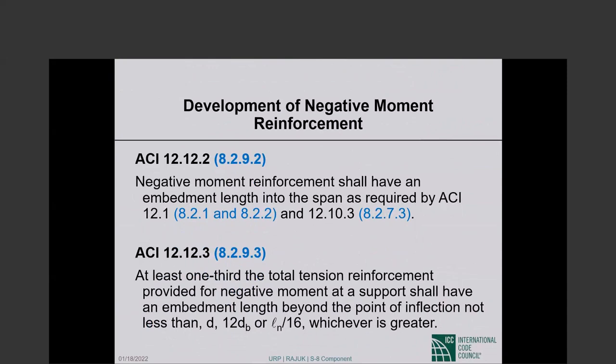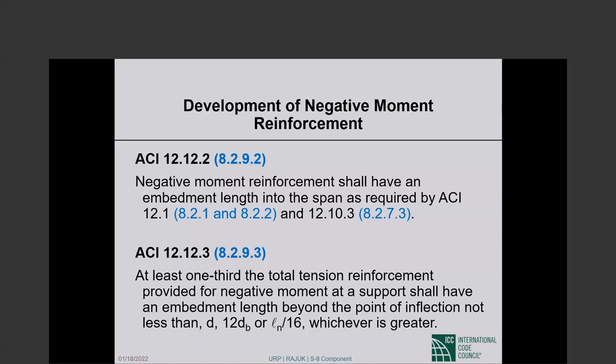Now, this is important. At least 1/3 of the total tension reinforcement provided for negative moment at a support shall have an embedment length beyond the point of inflection, not less than D, 12 bar diameters, or 1/16 of the span, whichever is greater.